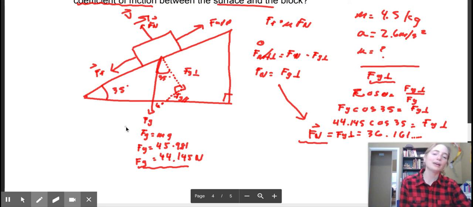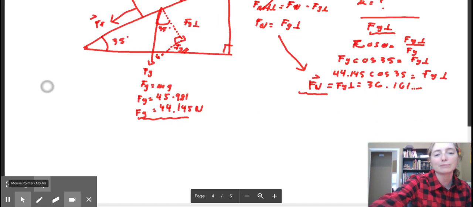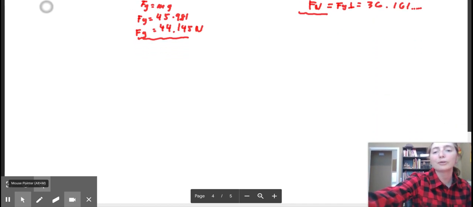We now need to make an F net equation on the parallel. We know we have an F net because we're accelerating up along the parallel. We know we have a force applied, and we also have the ability to get our Fg parallel, and then we can use those to find our force of friction. I'm going to scroll down so we have some space to write.